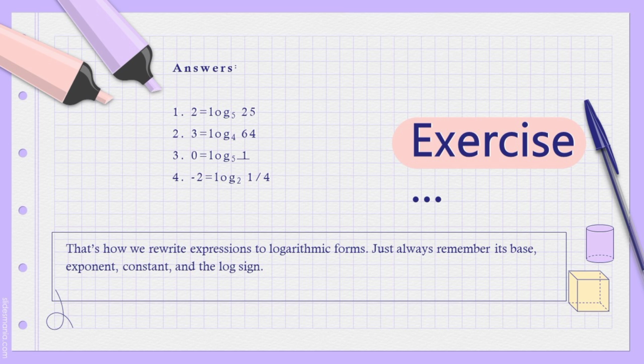So now we have 2 is equal to log, then the base will still remain there, and the constant 25 will go to the right side. So now we have 2 is equal to log base 5 of 25.